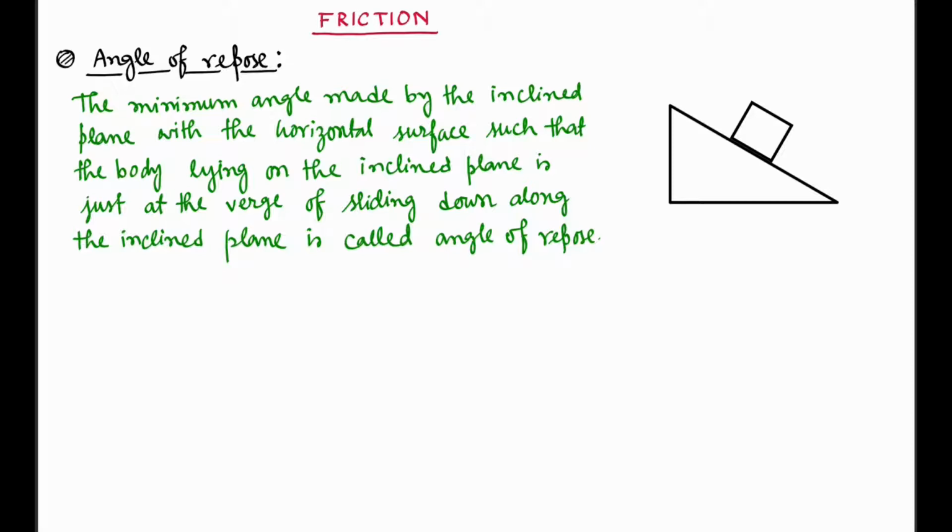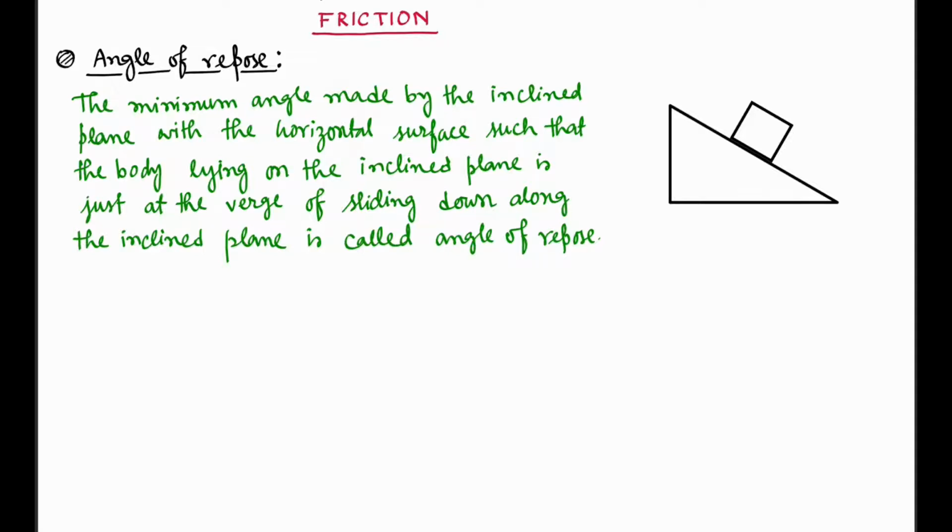Angle of repose. A body is placed on an inclined plane and the angle of inclination is increased gradually. Therefore, for a specific angle of inclination, the body tends to slide over the surface. That specific angle of inclination is known as angle of repose.